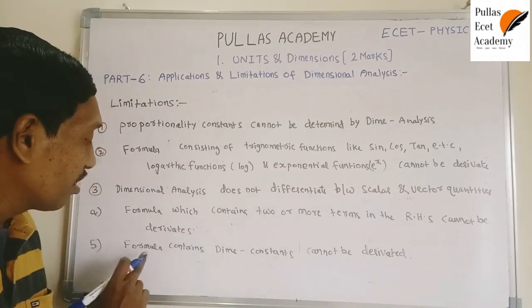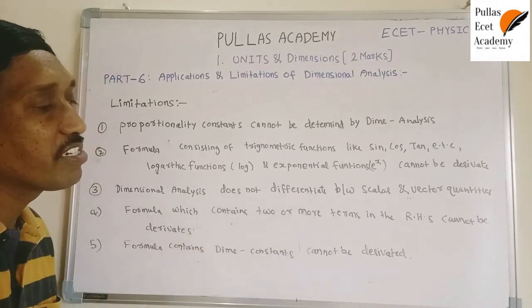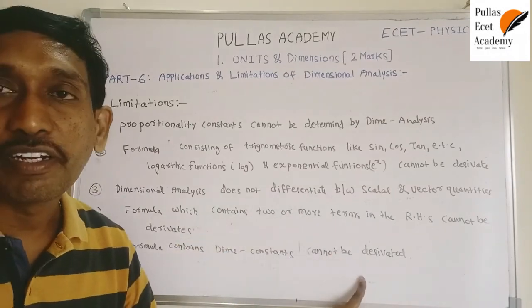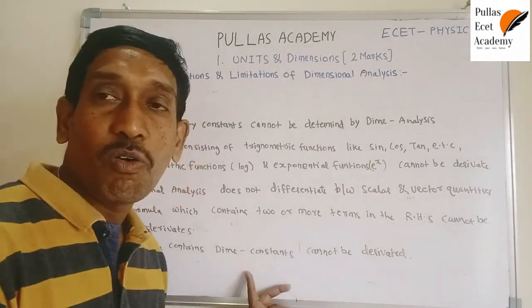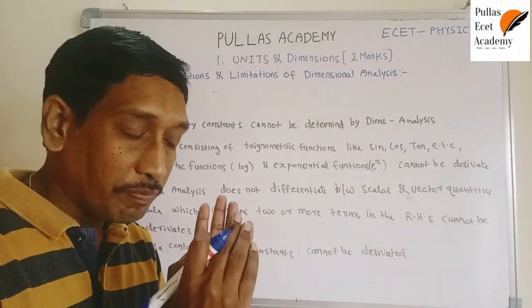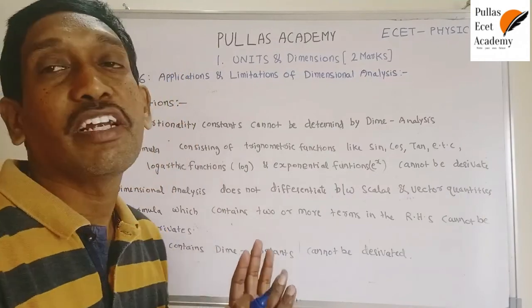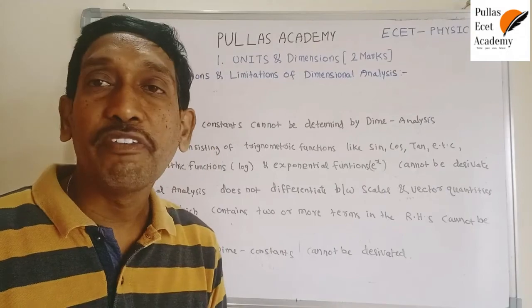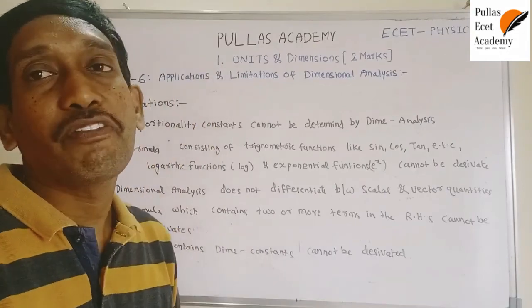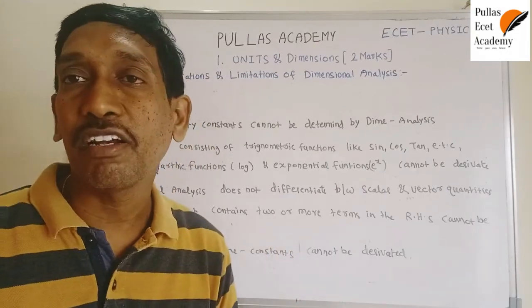One more limitation here: a formula containing dimensional constants cannot be derived. If the given equation consists of any dimensional constant, then for these equations it cannot be applied. It is not possible to derive that equation if it consists of dimensional constants.